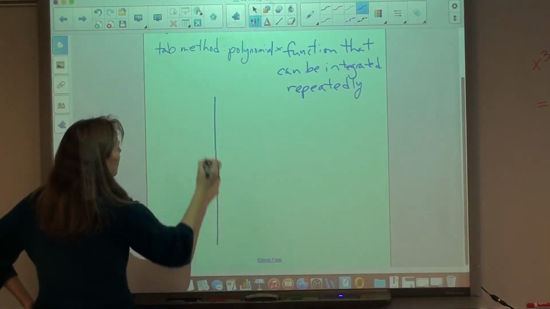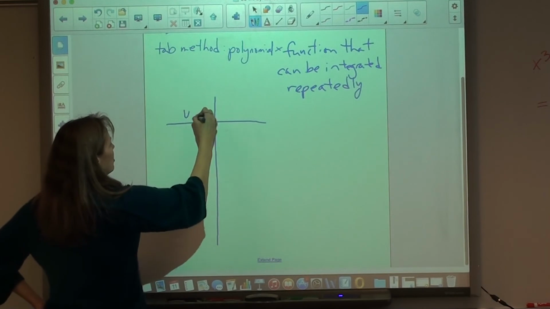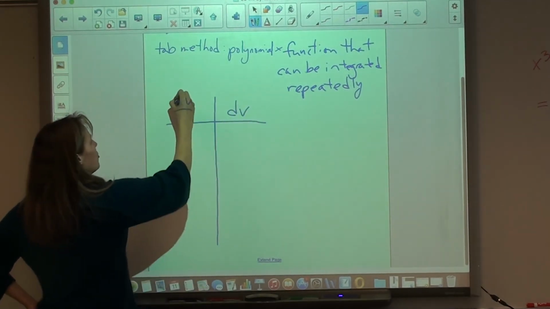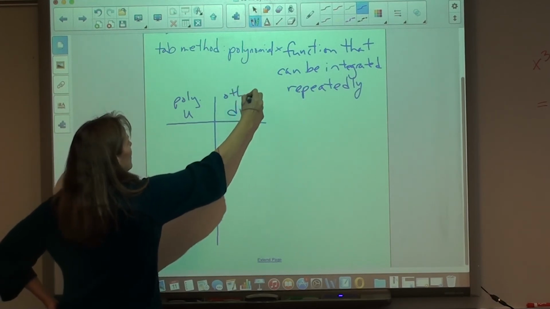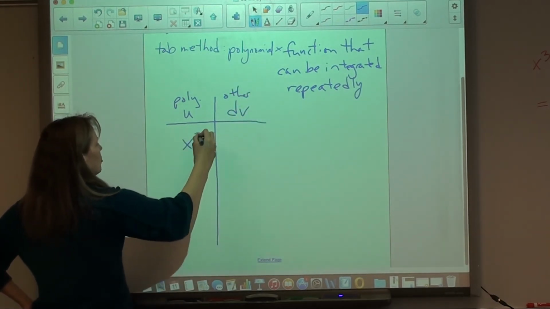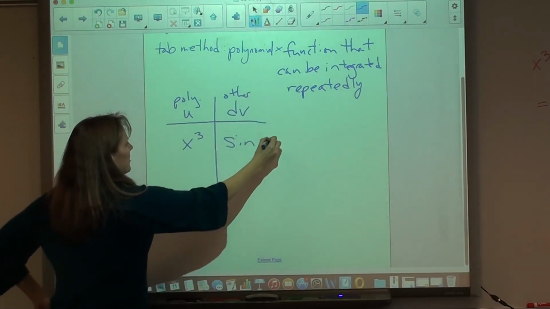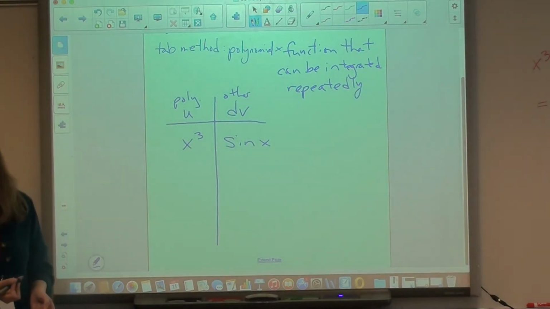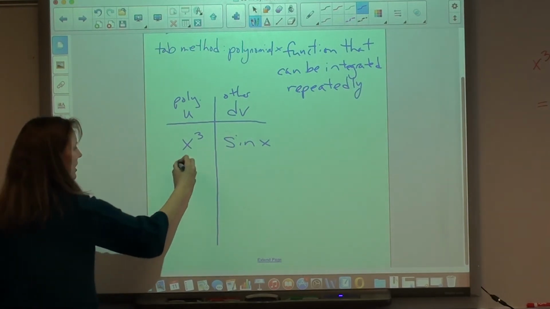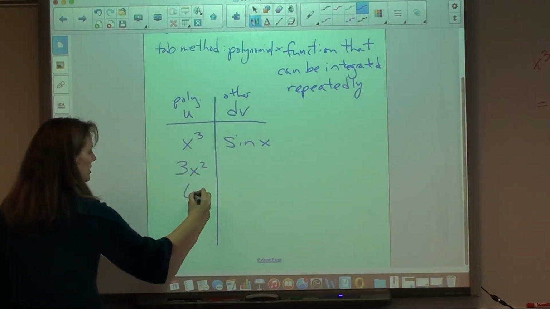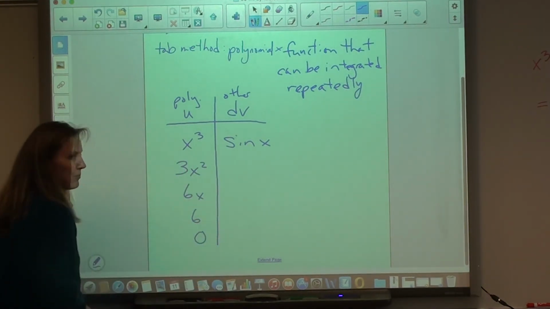You make a table, and you still have your u and your dv. Your u is the polynomial, and this is the other function. So ours was x cubed sine x. You take the polynomial and you differentiate it down to 0. So you have 3x squared, 6x, 6, 0.